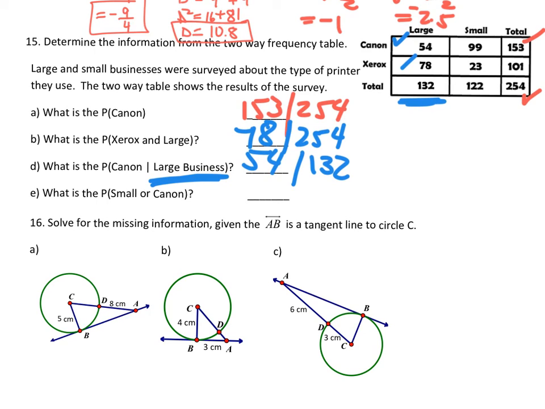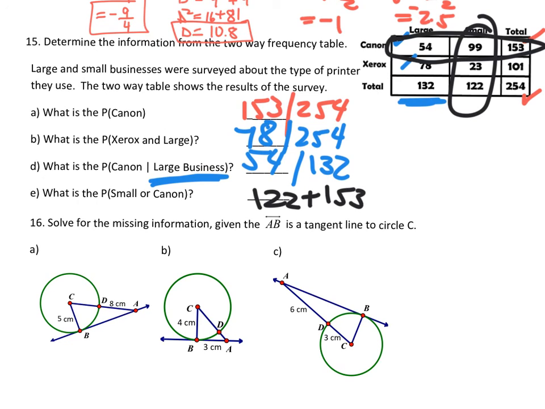The last problem says, what's the probability of choosing either a small or a Canon? Okay, so the total number of small businesses is 122. The total number of Canon printers is 153. So that's 122 plus 153.